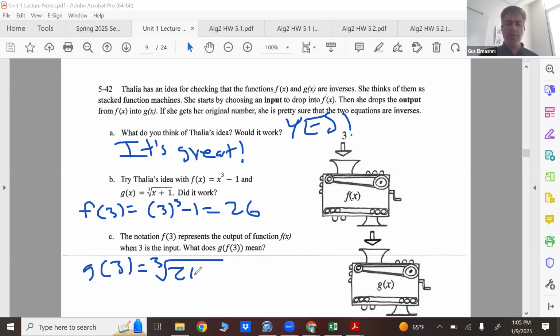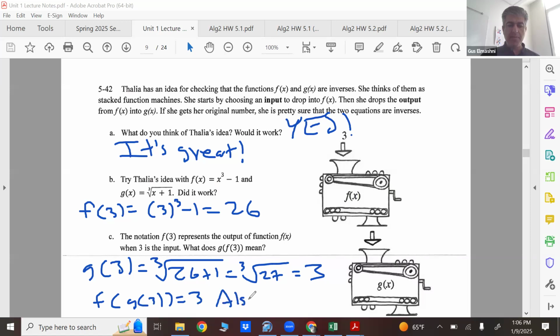So it comes back full circle, right? And that's what we want. So what this tells me is that f of g of 3 equals 3. Also, if you reversed it, same thing, you still get the same thing.